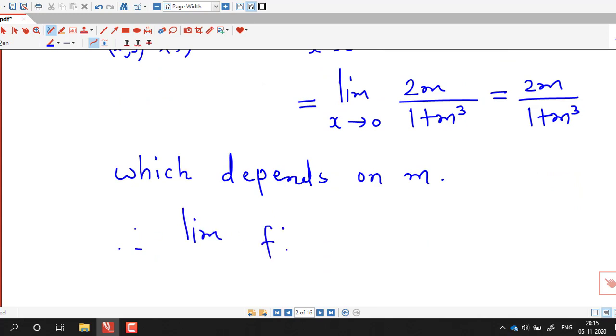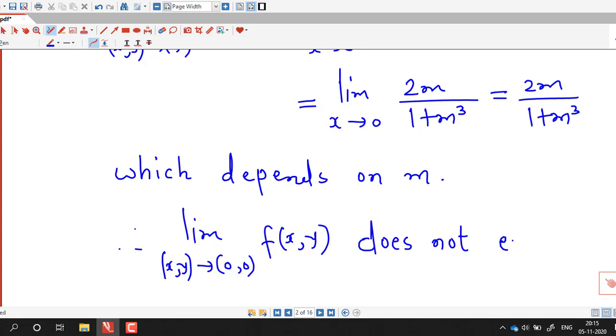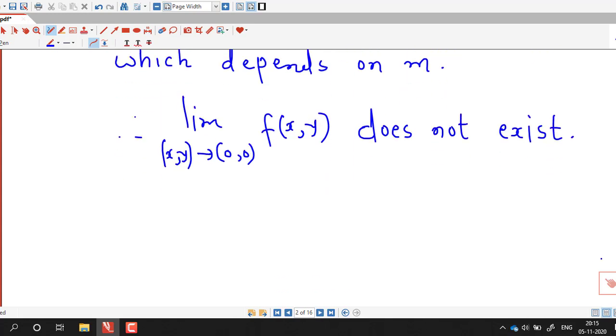So what we can write is limit of f(x,y) as (x,y) approaches (0,0) does not exist. That means second requirement of continuity is not satisfied. Therefore we can say that f(x,y) is not continuous at origin.